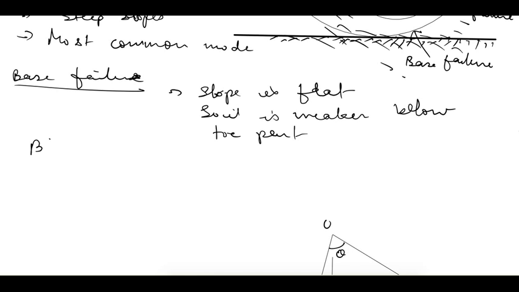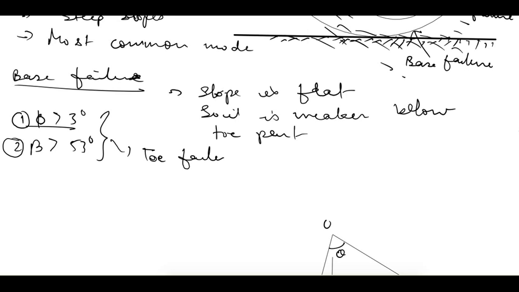When beta is greater than 53 degrees and phi is greater than 3 degrees, these are two individual criteria. If both of these or any one of these is there, then it is toe failure. Whereas if phi is less than 3 degrees and beta is less than 53 degrees, it is slope failure.